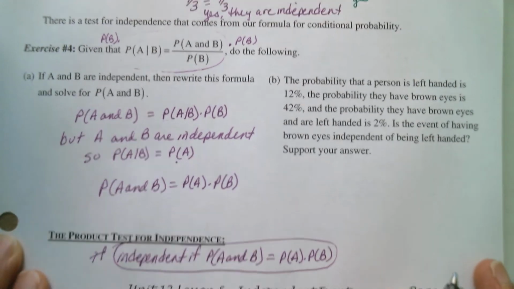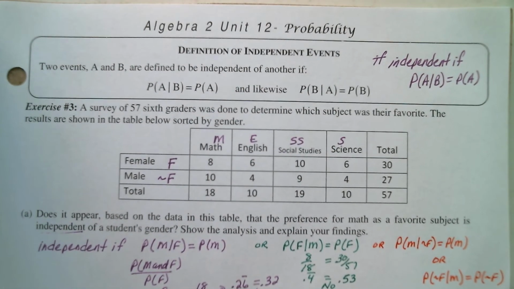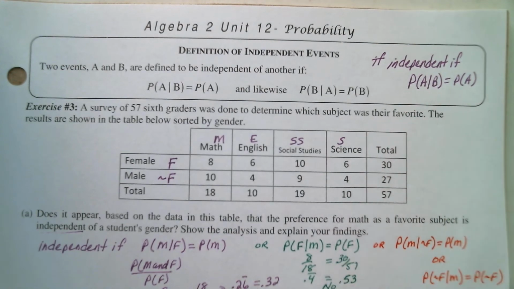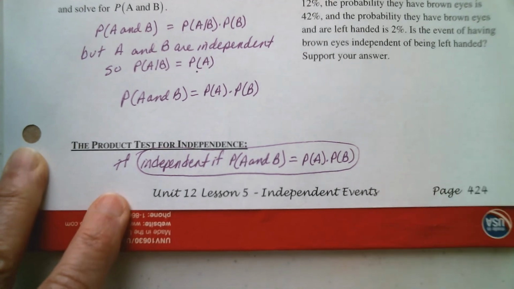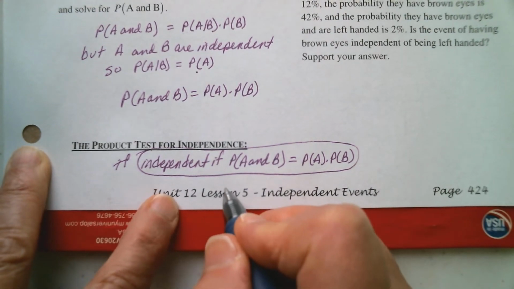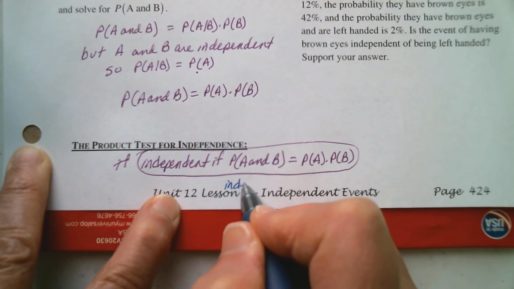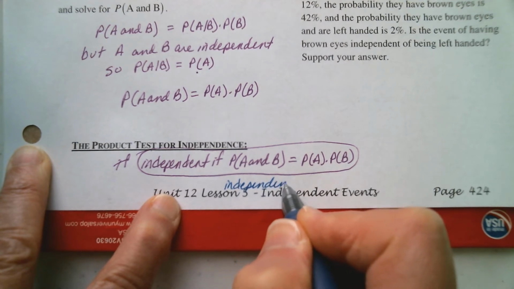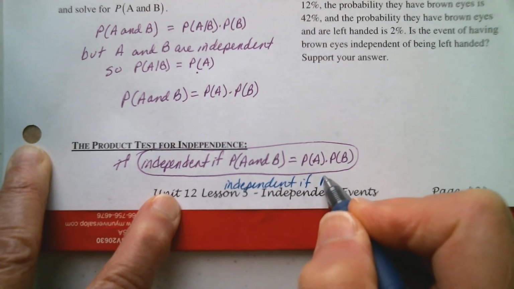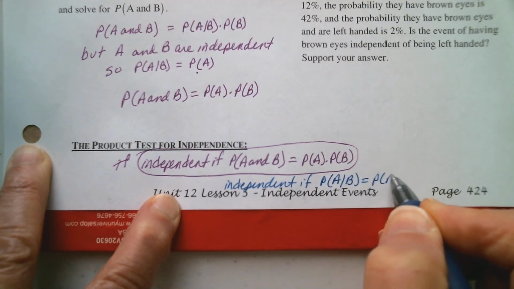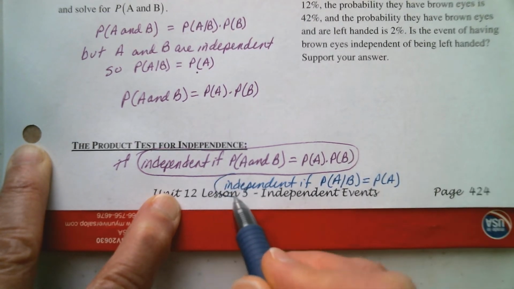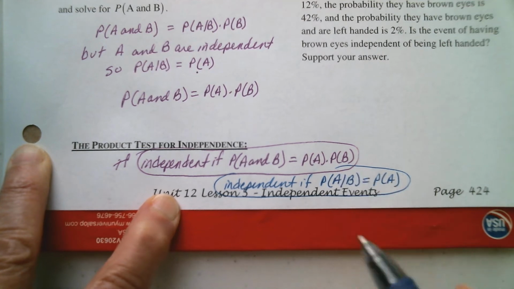In our above box there, independent if the probability of A given B equals the probability of A. So these two you want to memorize.